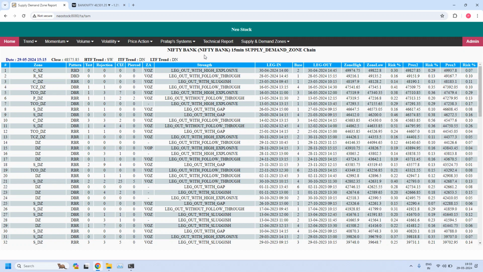That means intraday short trades are enabled, because for intraday we are assuming 5 minutes is our entry and 15 minutes is our ITF, that is the trend. So are any 15 minutes high liquidity zones created today? Let us check. Here we have a high liquidity supply zone available.